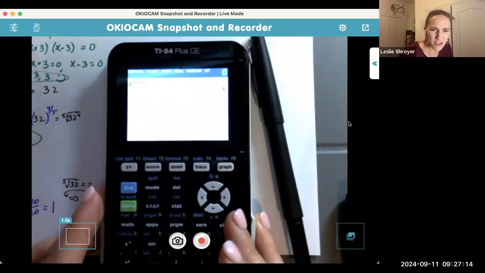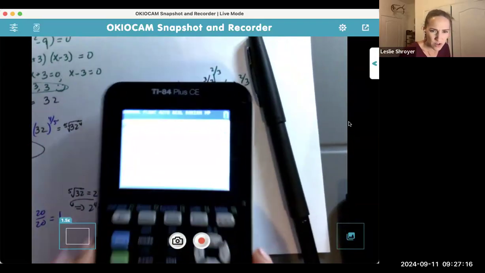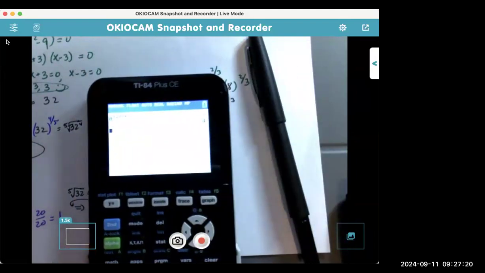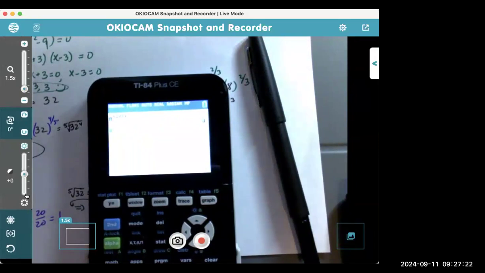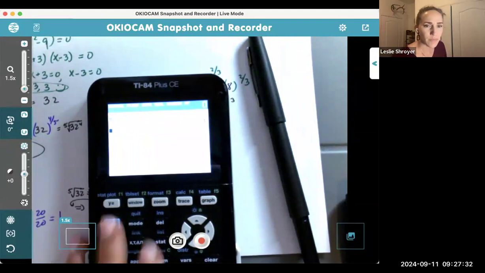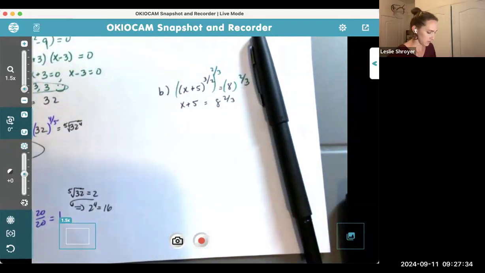Perfect. Can y'all see this? Is that worse? For me, it looks worse. I think the other one was better. Okay, I'll do the other one then.